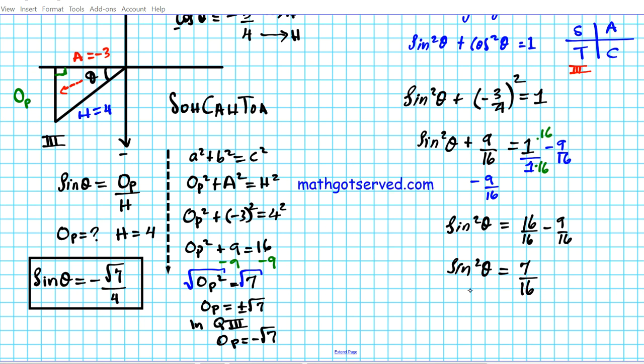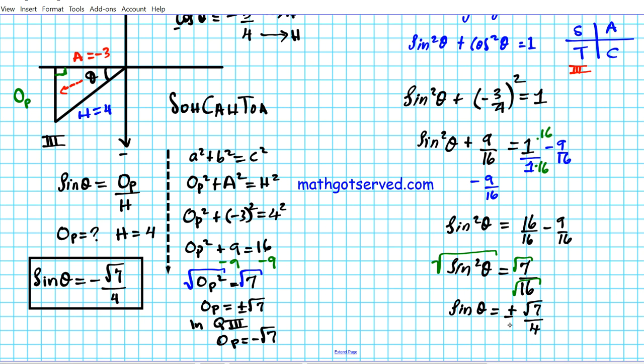All right, and then to get rid of this square component, we're going to take the square root of both sides. Square root the numerator and the denominator. Since you're taking the square root of a square, you're going to have sine theta equals plus or minus root 7 over 4.